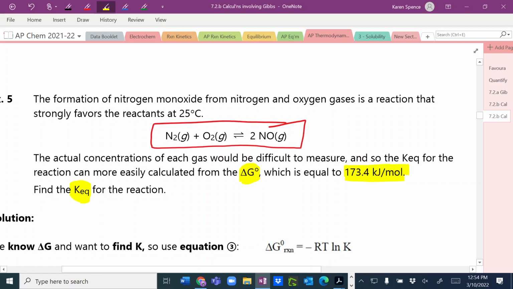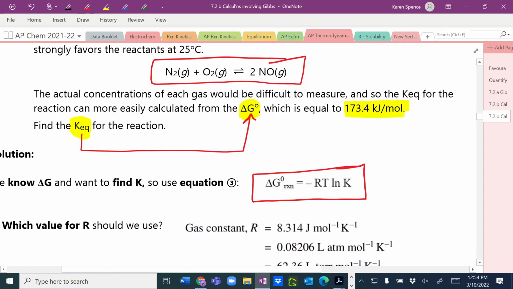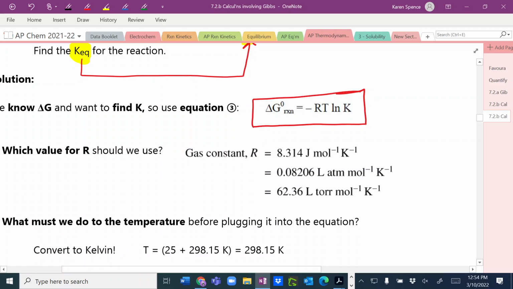So once again, we are relating KEQ and delta G. So you go to your formula sheet and you say, which formula do I use? I use delta G is equal to minus RT ln K. Which R value should we use? The one with the joules.